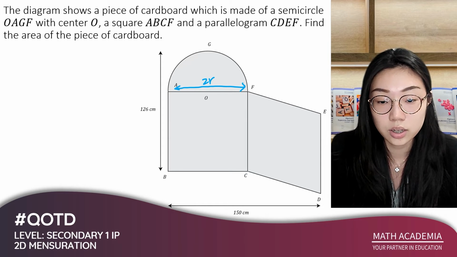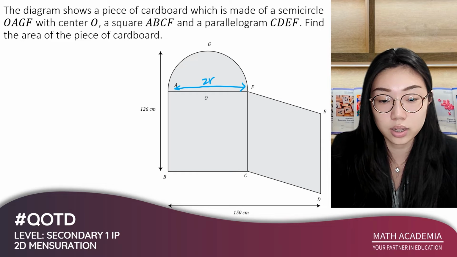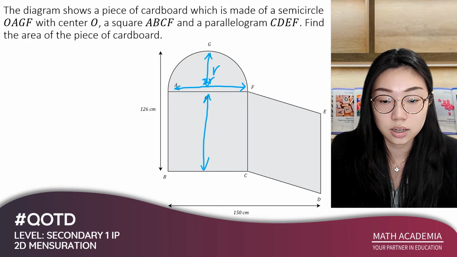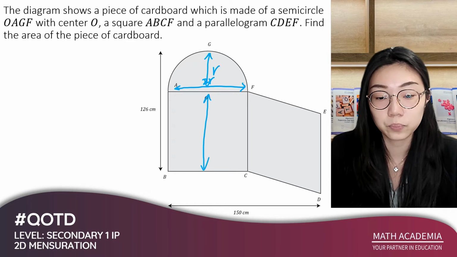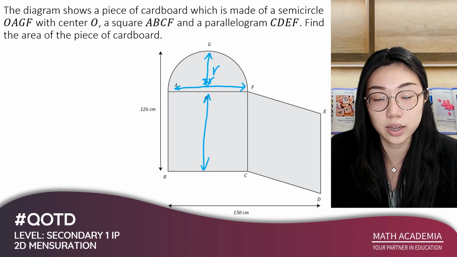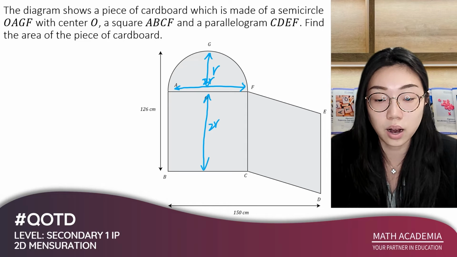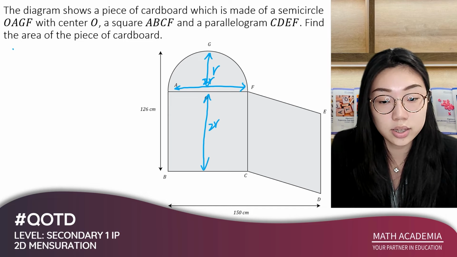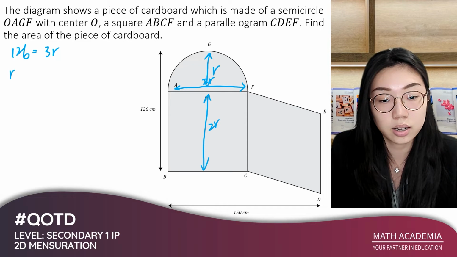The height of the cardboard is 126 cm, which is made up of the radius of the semicircle and the height of the square. Previously, we concluded that the side of the square is 2r, so I can write this as 2r. So we know that r plus 2r, which is 126, gives me 3r.